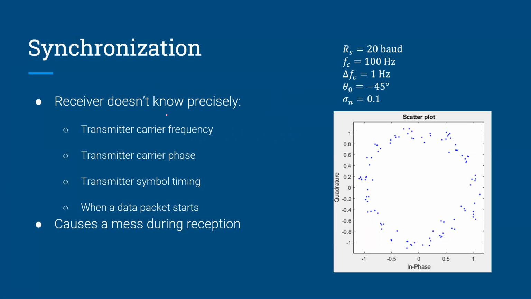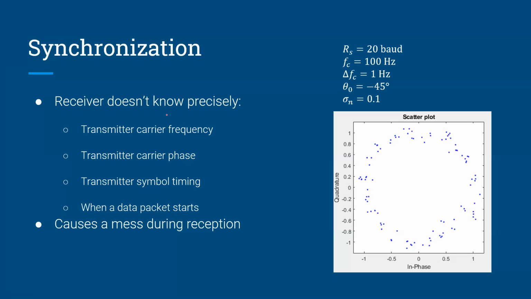It also has its own phase. The receiver has its own clock, and those clock frequencies might be different. The clock phases might be different. So in general, the receiver doesn't know the carrier frequency exactly, doesn't know the phase, and doesn't know the timing of symbols.